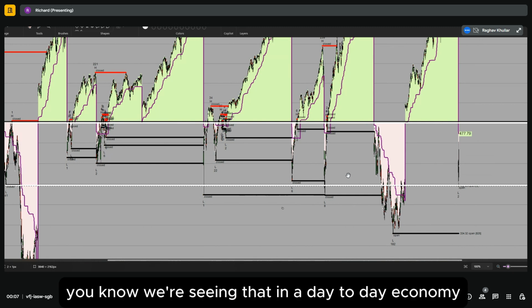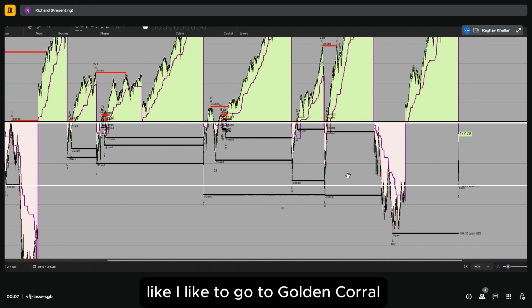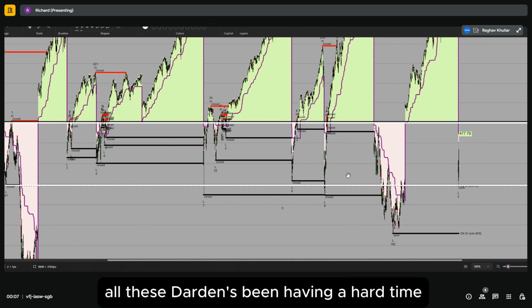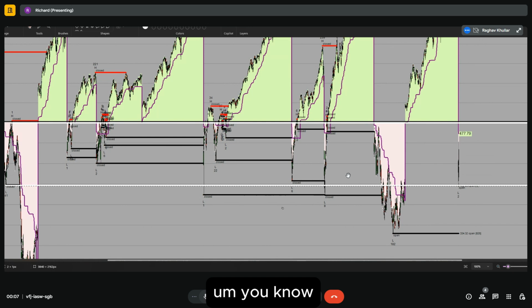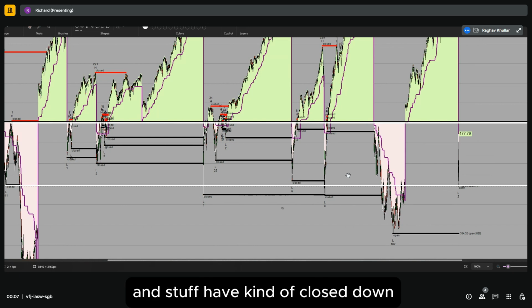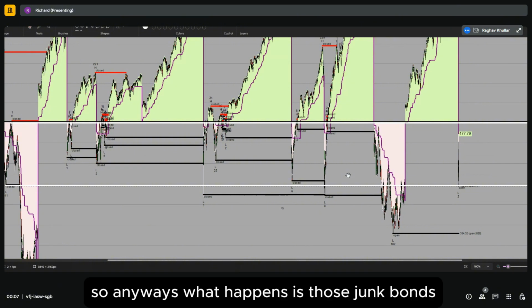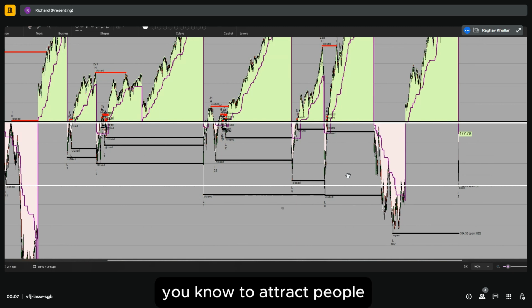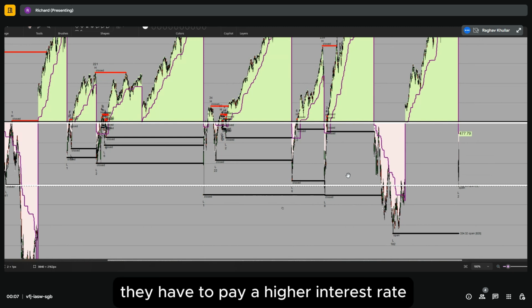We're seeing that in the day-to-day economy. Like, I like to go to Golden Corral. They've kind of closed. Darden's been having a hard time, and a lot of the malls in the Phoenix area have closed down. Anyways, what happens is those junk bonds, to attract people, have to pay a higher interest rate.